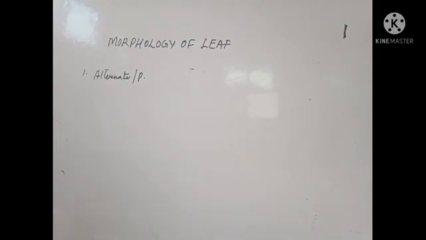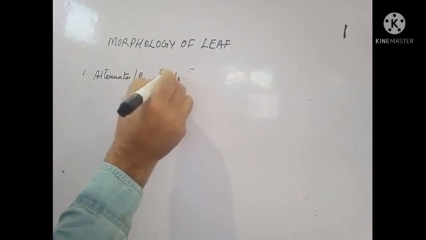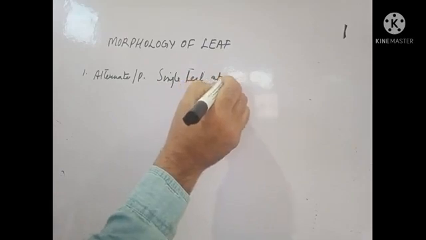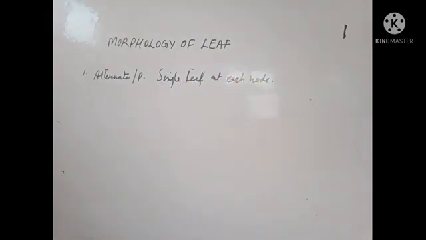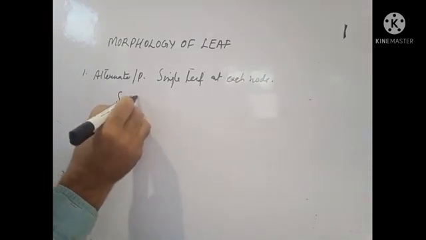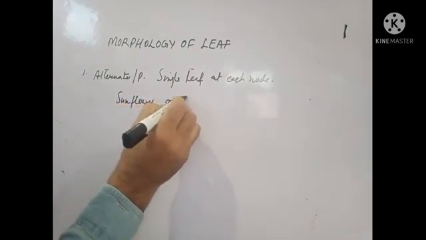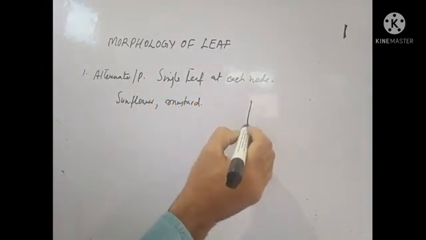In alternate manner, there is single leaf at each node. As we see this arrangement in sunflower, mustard, etc. We will draw the structure like this.